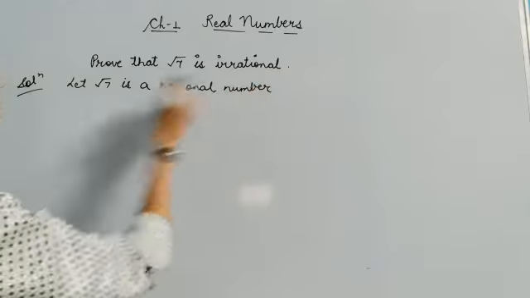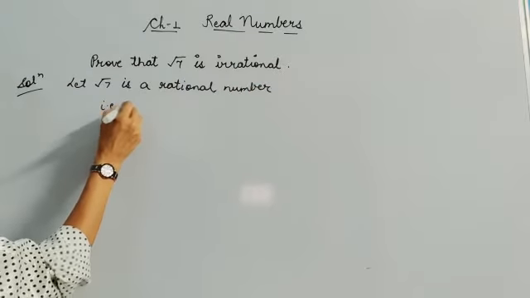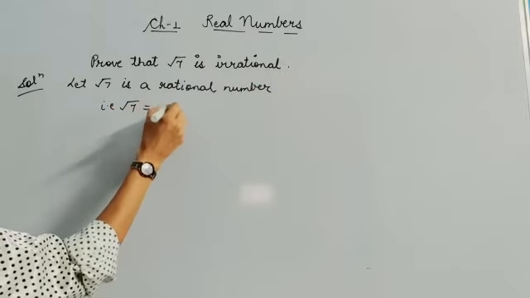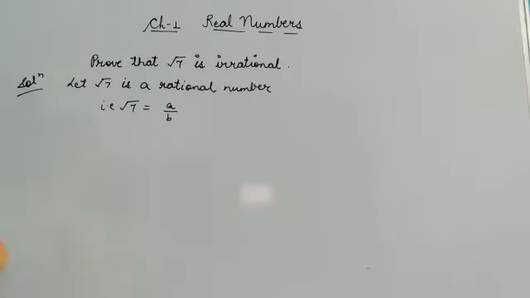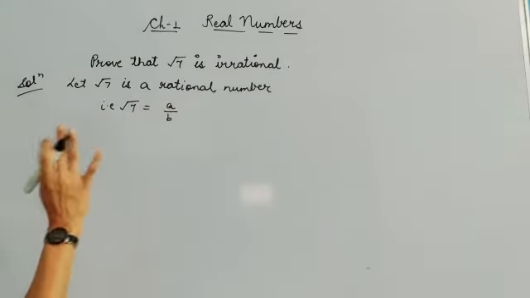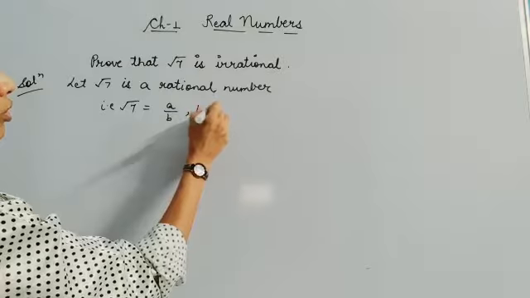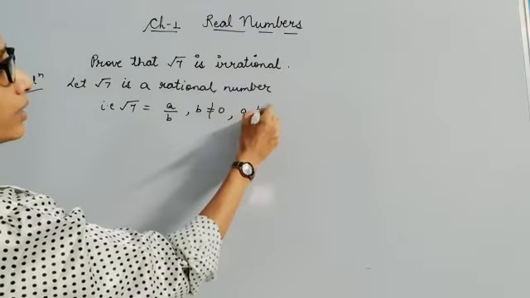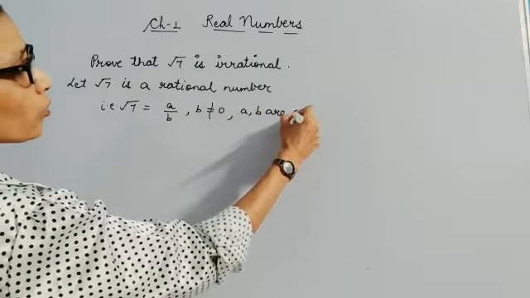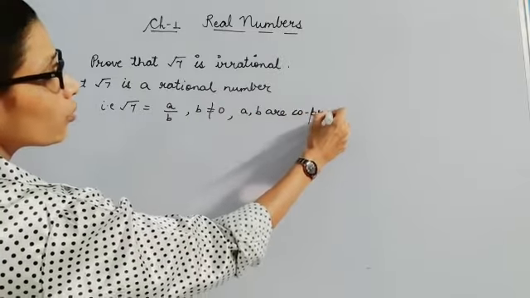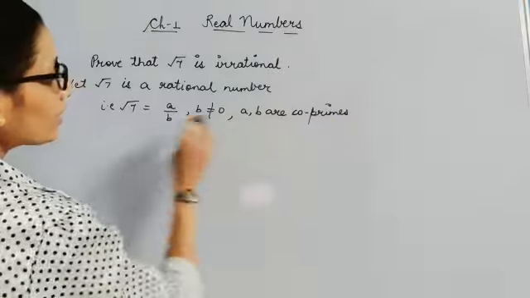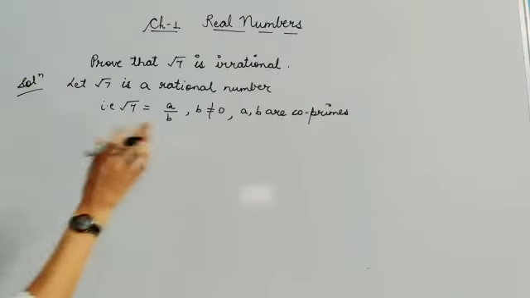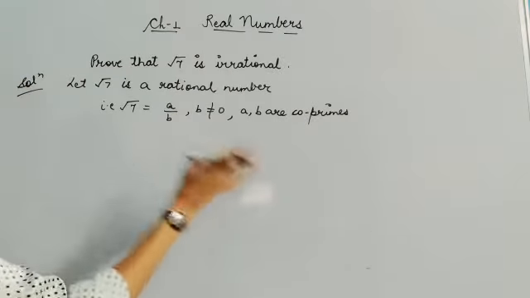Now, if root 7 is a rational number, then it can be represented in a by b form, that means p by q form, where b is not equal to 0 and a and b are co-primes. Co-primes means a and b do not have any common factor other than 1.